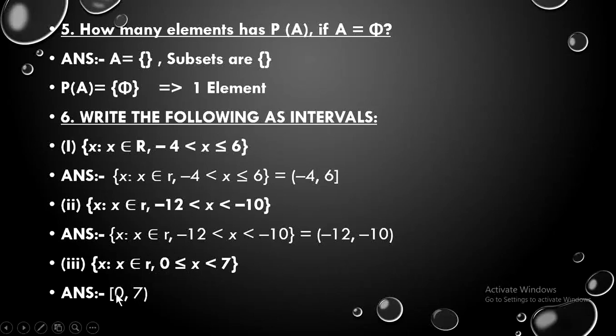See, I've written here 0, 7, here there was an equal to sign with the greater than symbol, so I have put this closed bracket, which means it includes 0. And then you can see here it is less than 7, but there is no such equal to symbol, so I have put the normal bracket, which means it is an open interval and does not include 7.